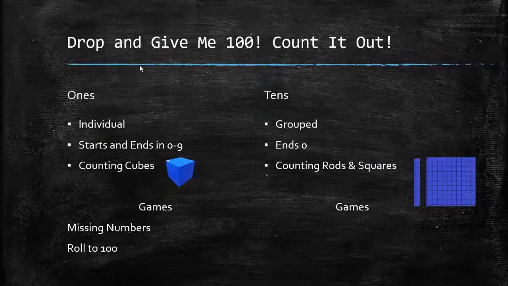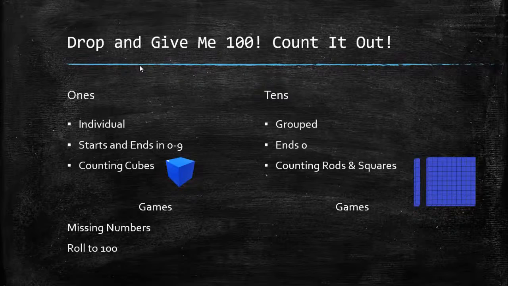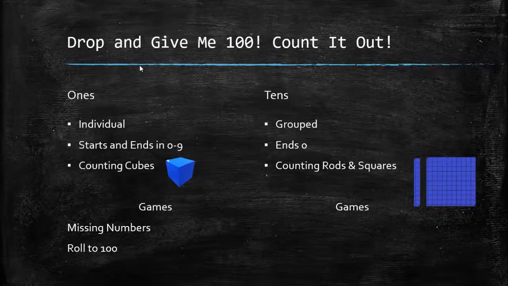Roll to 100. Now this one gets to be a little tricky, but yet it is very much fun. This one is where you take at least 3 dice, or as many as you can stand up to, maybe 12 dice preferred, so that they can shake and calculate to get up to 100.